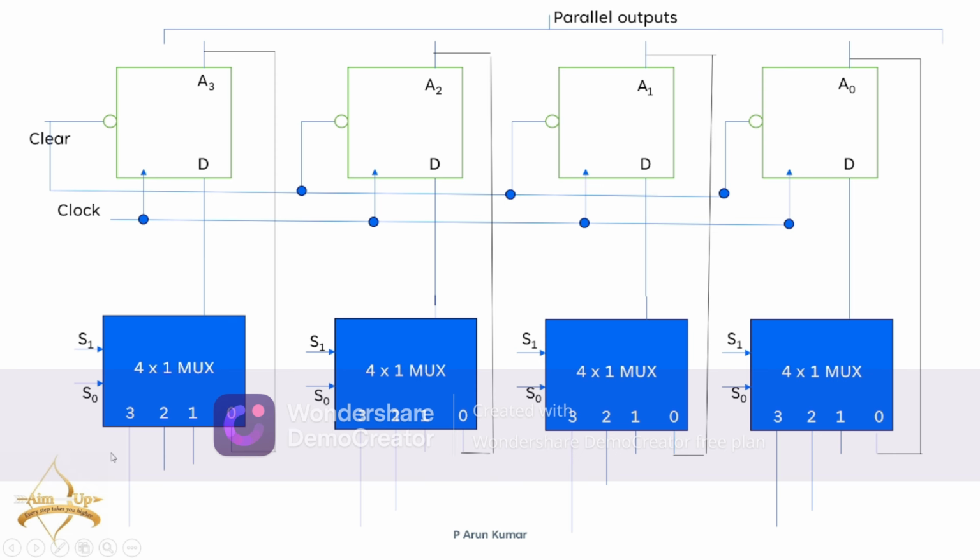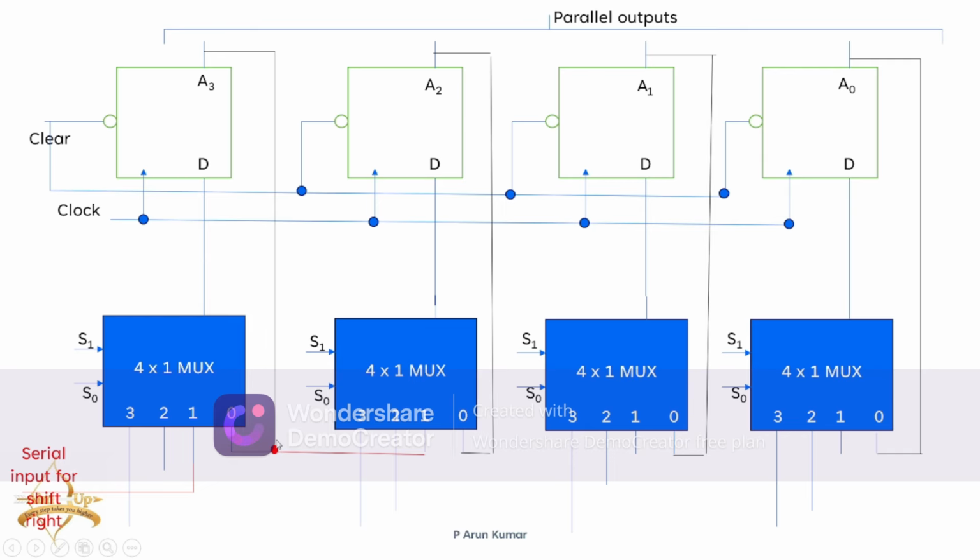But in the leftmost D flip-flop, we must give a serial input, which is used to shift right. That is why for this one I'm giving a serial input, and the next one I can connect here directly like this. For separation purposes, I'm showing it with red color symbols.